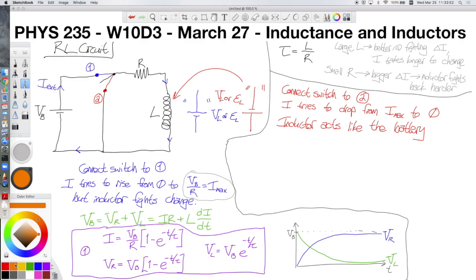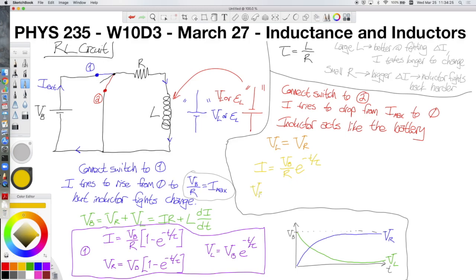So we have the relationship that all the voltage you get from the battery, which is the inductor voltage in this case, equals the voltage you spend at the resistor. So we get a couple of pretty straightforward equations here. Again, everything drops. So the current in this circuit is whatever the maximum current was, let's say we let this thing charge all the way up to the maximum current, times e to the negative t over tau, same tau as before.